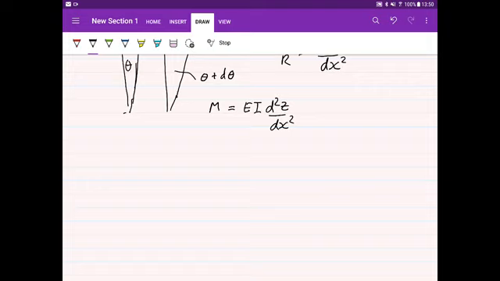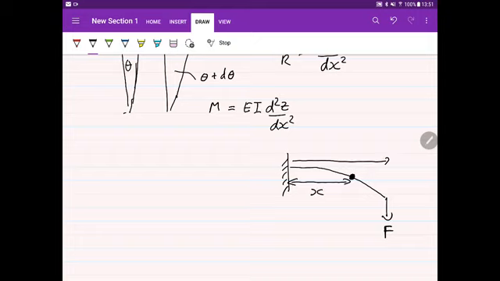Now the external moment is rather simple, because if we again draw the structure down here, here's a force being applied to the end of the cantilever. We're interested in considering this little elemental volume here, which is a position x from the fixed point, and the cantilever we know has a length L. So again, the moment is just the force times the perpendicular distance, and this is obviously therefore going to be L minus x.